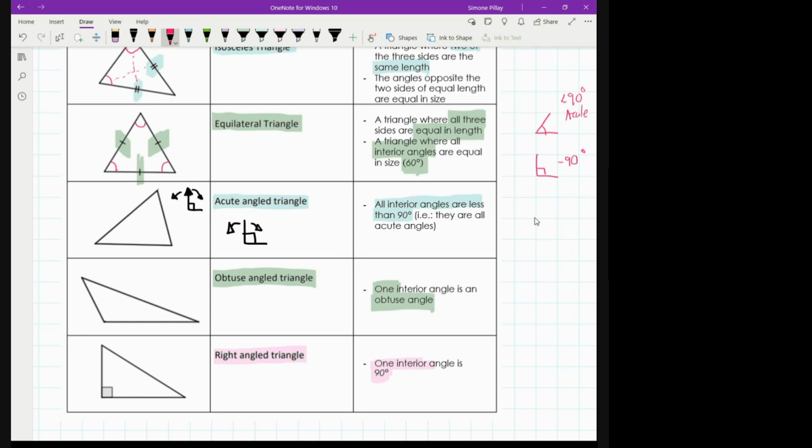And anything more than 90 degrees is called an obtuse angle. When I say more than 90 degrees, that's the greater than sign. But remember, it has to be less than 180 degrees. Because when we have 180 degrees, this is where we have our straight angle.